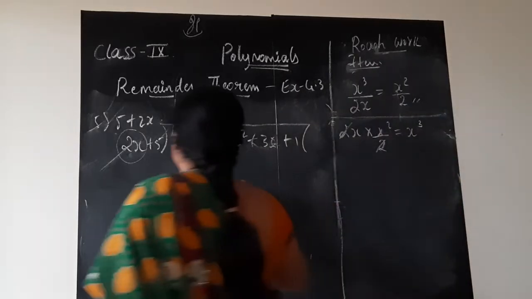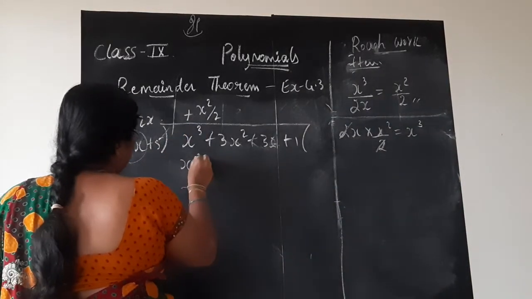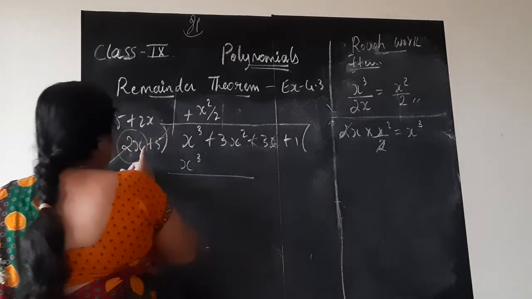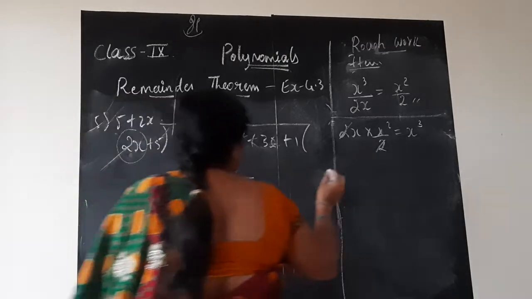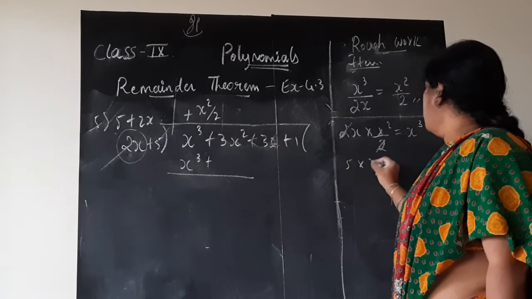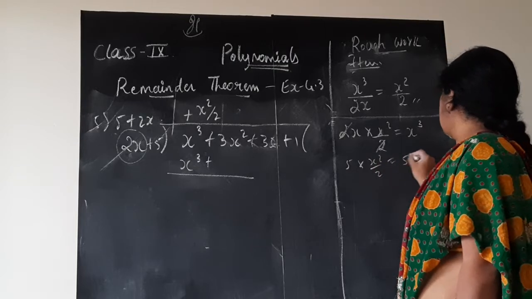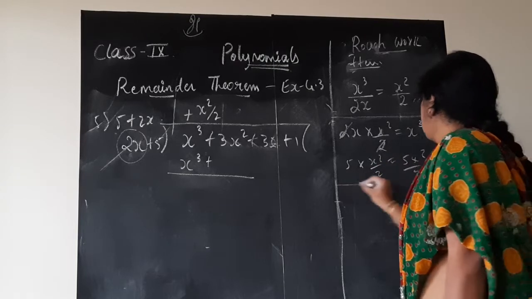So 2x into x square by 2 is plus x cube, and plus 5 into x square by 2 is simply 5x square by 2.